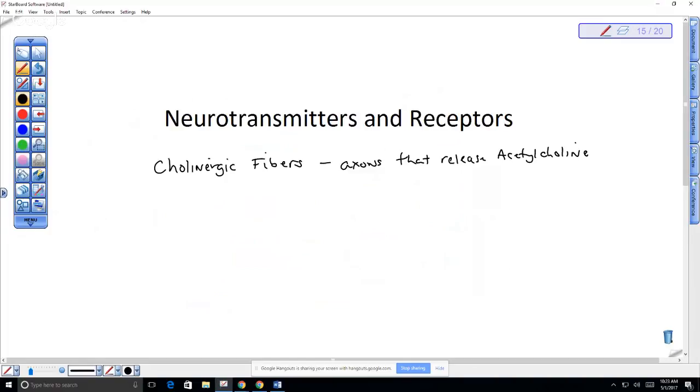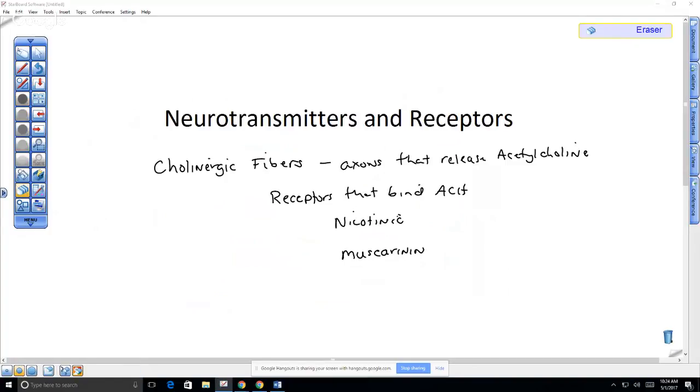So cholinergic fibers are the axons that release acetylcholine. The receptors that bind acetylcholine are either called nicotinic or muscarinic. The reason they have these names is that other things also bind to the exact same receptors.